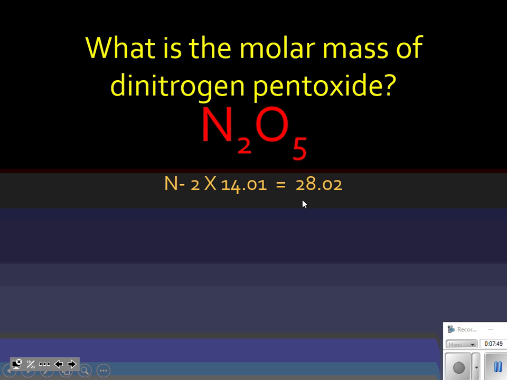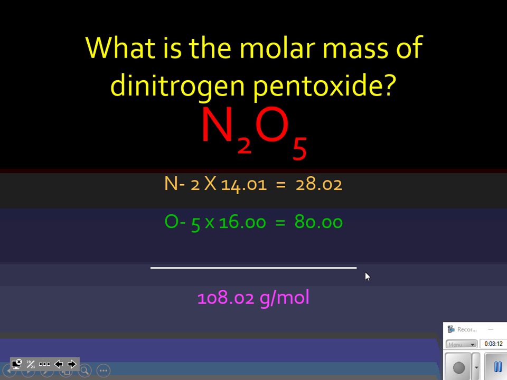Each oxygen weighs 15.9994. When I round that to 2 places past the decimal, that's going to give me 16.00. So 5 times 16 is 80. When I add 28.02 with 80, I get the value of 108.02 grams per mole.